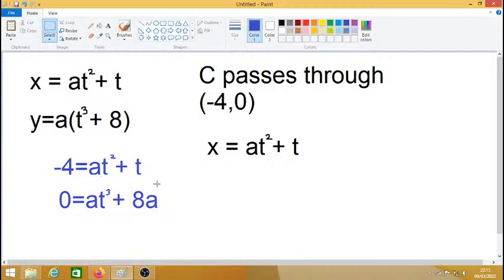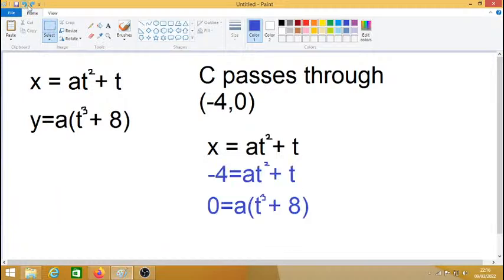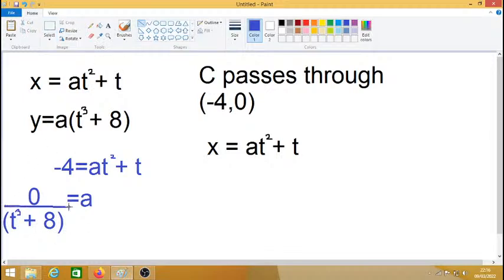It doesn't look like anything is going to cancel here. So let's take it one step back and rearrange this first equation for just a, bringing the t cubed plus 8 over onto this side.